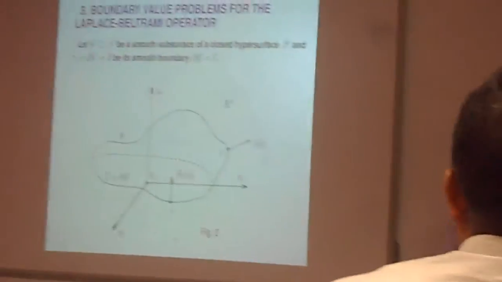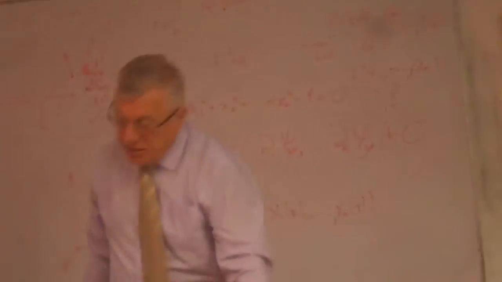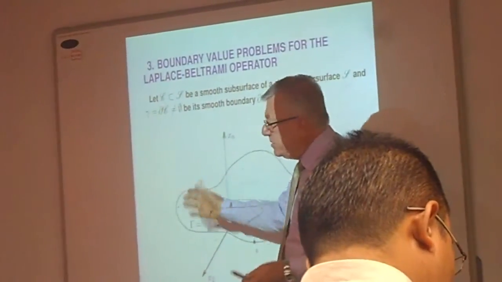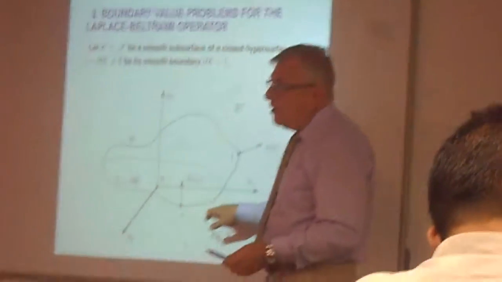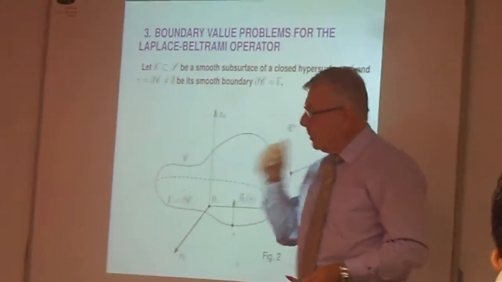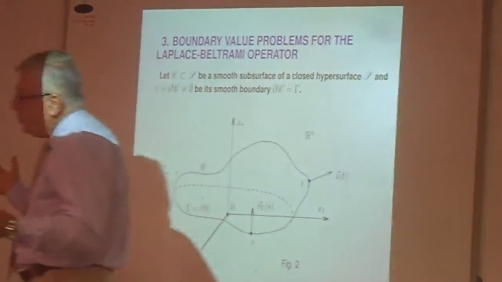Now we have this situation. And we have partial differential equations on the open surface, and we would have some boundary conditions on this boundary gamma. And this will be the boundary value problem.